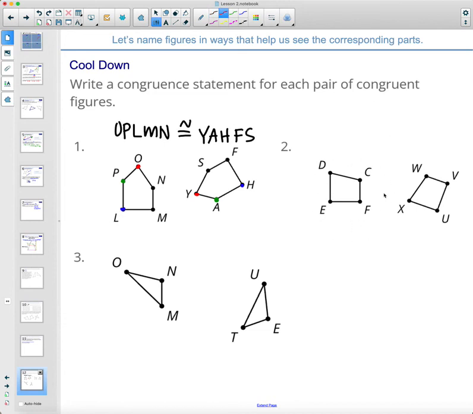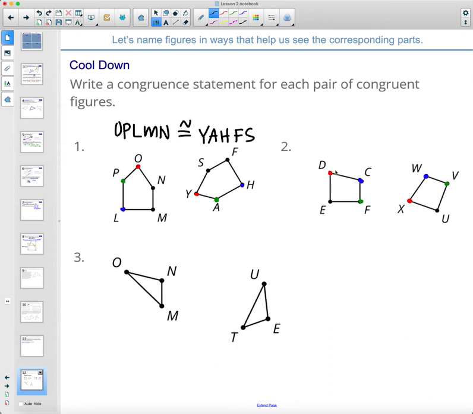So start here, decide. I think it's easiest to see this vertex that's sticking out. That one looks like X. Then I see this shorter side here. So C would go with W, F with V, and then U with E. It doesn't matter where you start here.